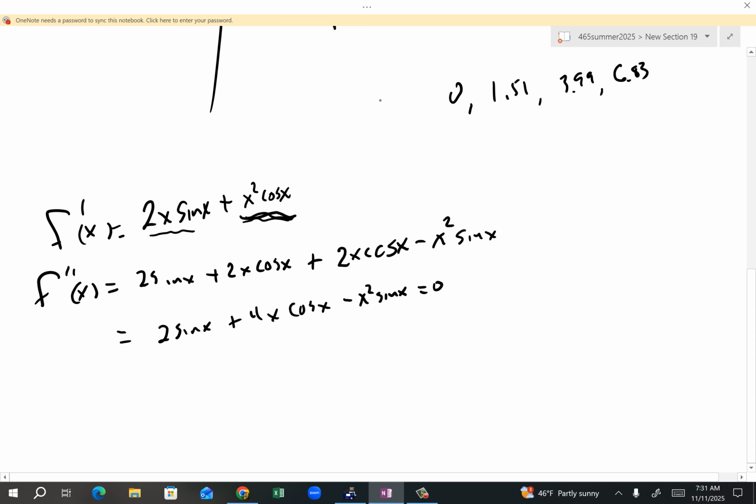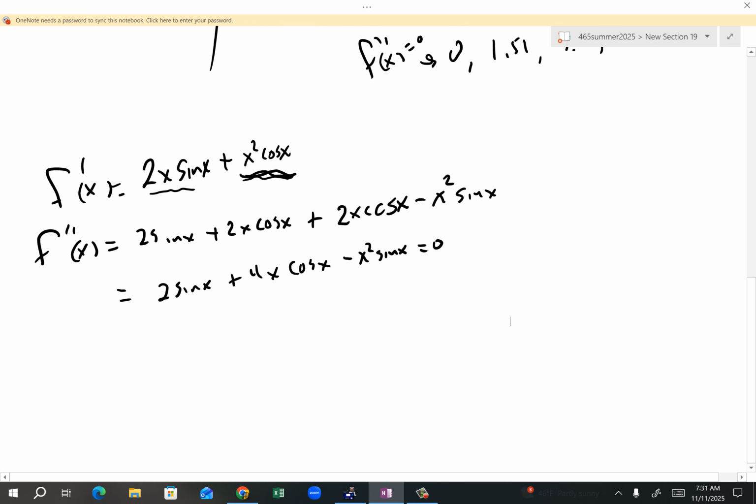This is where f double prime of x equals 0. These are our inflection points. I'm going to say they're my inflection points. Or maybe sometimes something a little different.